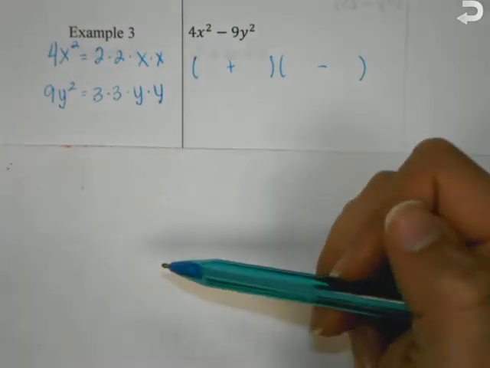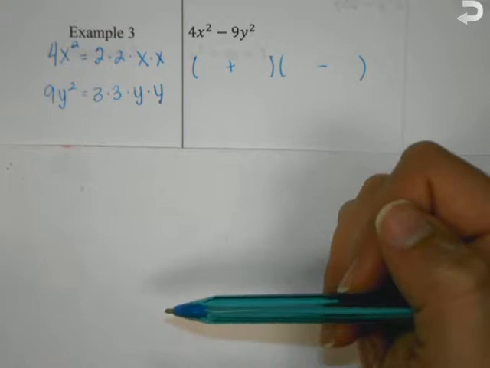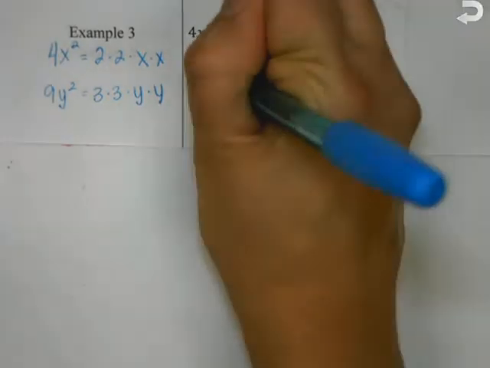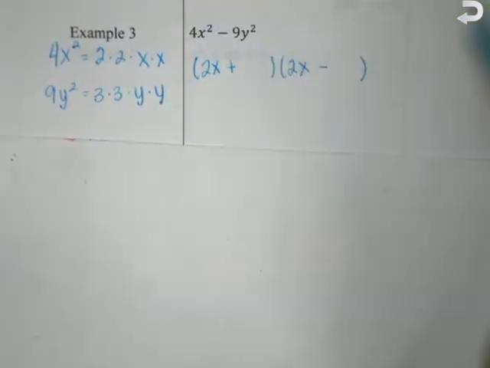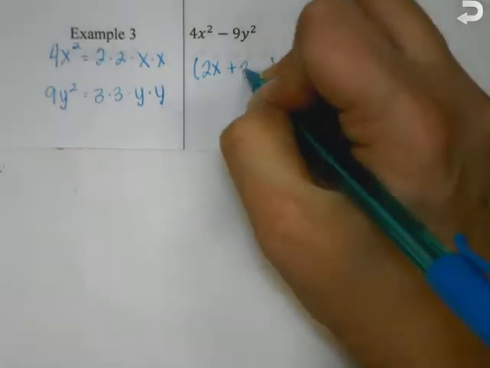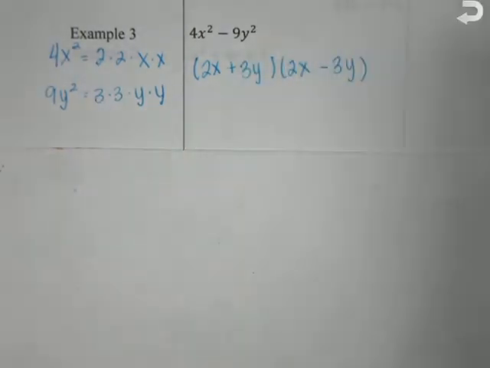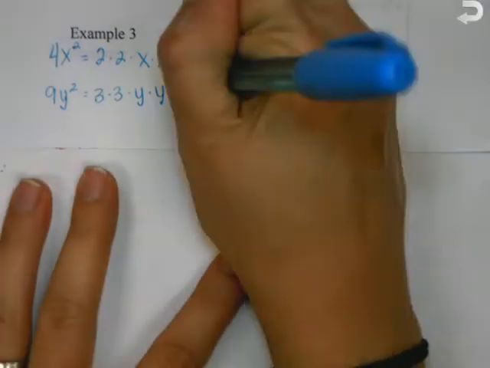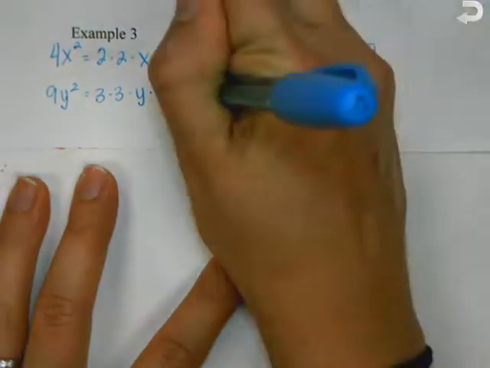So 2x and 2x. What about 9y squared? 3y. And that's your answer. So you are just taking the square root.